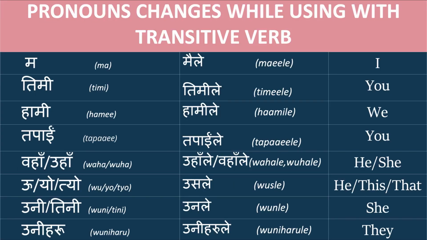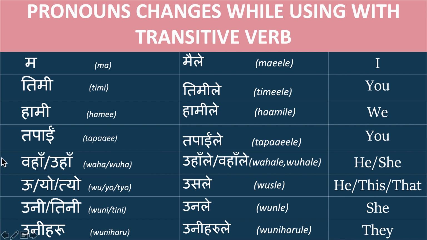Now, pronouns change while using with transitive verb. Before, I have told you the second thing we need to know before learning present perfect tense is knowing the change of subjects. So subject changes only when used with transitive verb in present perfect tense.